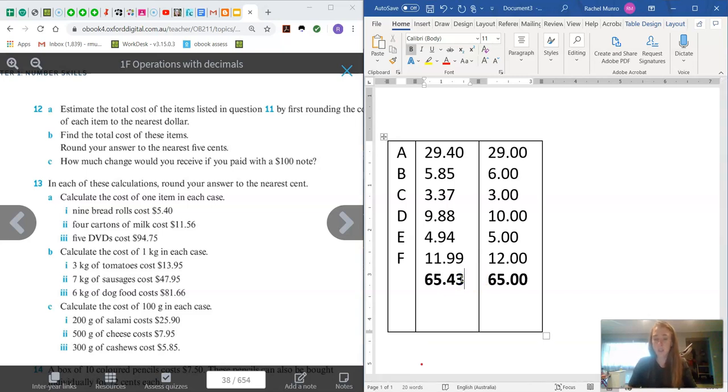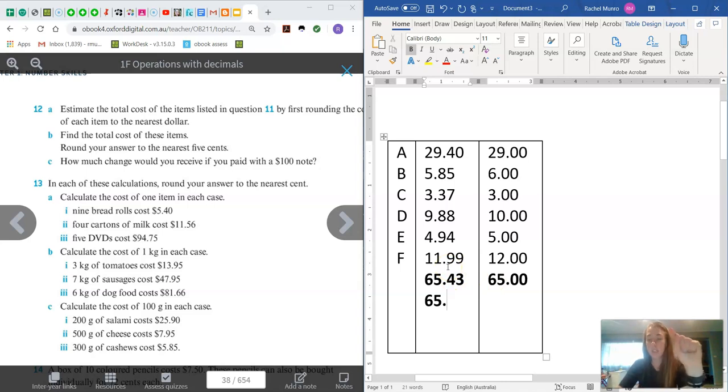If we do this, we will have $65. Now, we've got 43. We need to decide if it is closer to 45 cents or closer to 40 cents. If you need to double check, grab out your little hundreds chart that we did and look at, do I round 43 to 50, or to 45, or to 40?